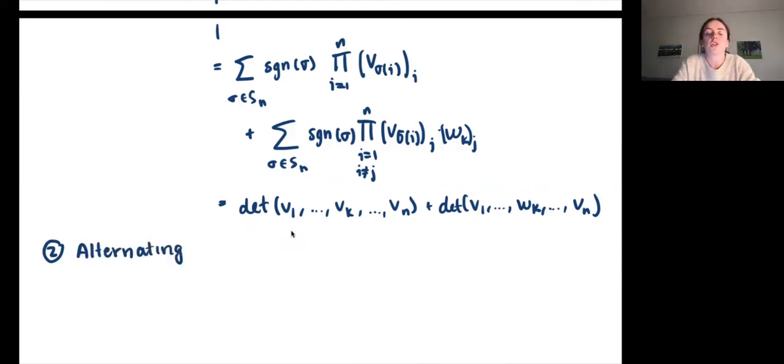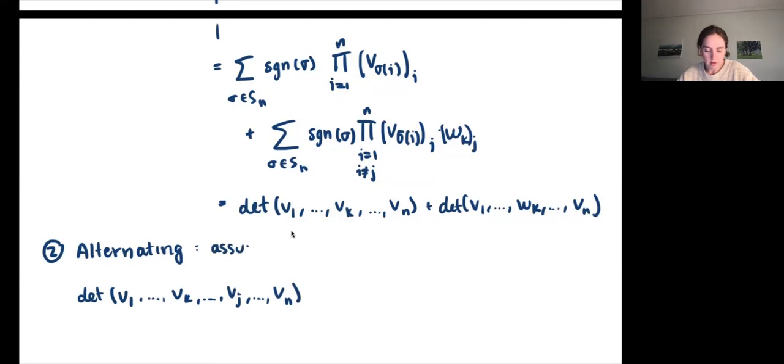So for this one, we need to show that if we have repeated vectors, then we will get that the determinant is 0. So let's take the determinant of v1 up to vk, up to vj, up to vn, where let's assume that vk is equal to vj.